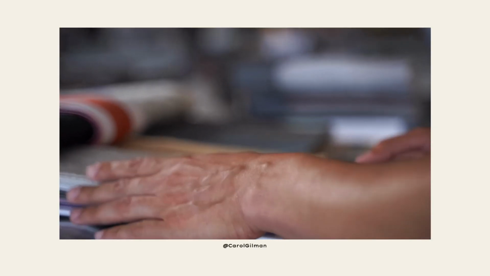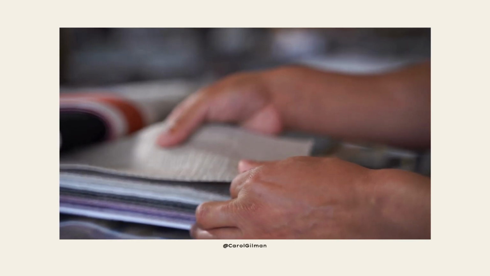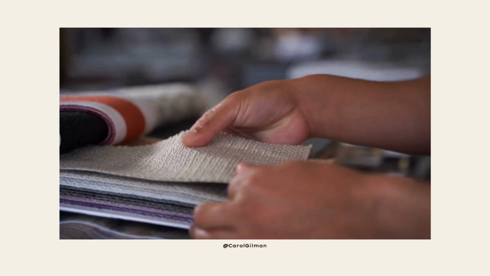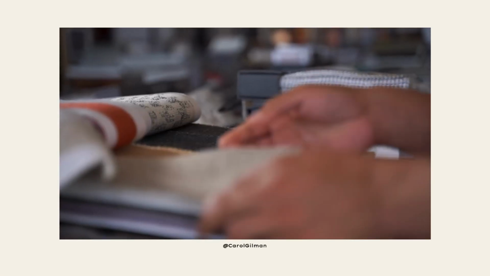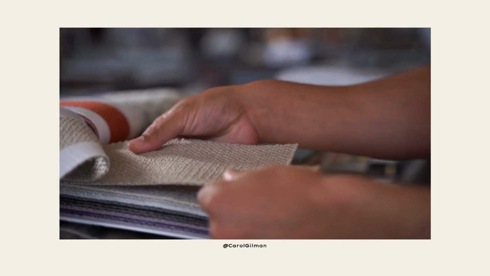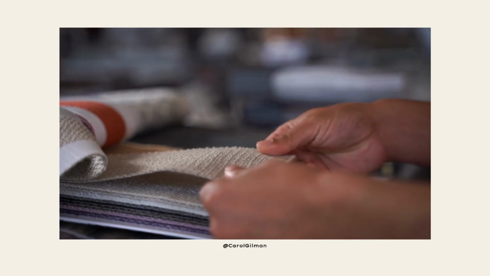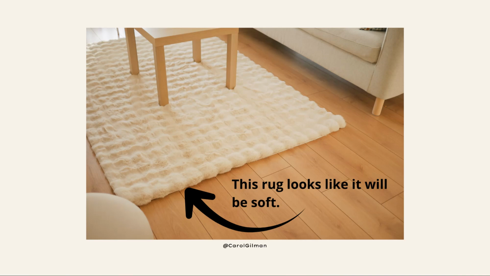It's tactile. And when we are thinking of fabric, for instance, we may say the hand of a fabric is smooth or bumpy. And when we are also talking about texture, it's not necessarily always just about how things are going to feel, because it can also be very visual, because we can pick up on visual clues on how something is going to feel, how a texture is going to look and feel.